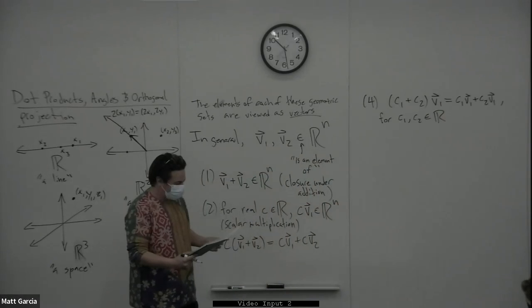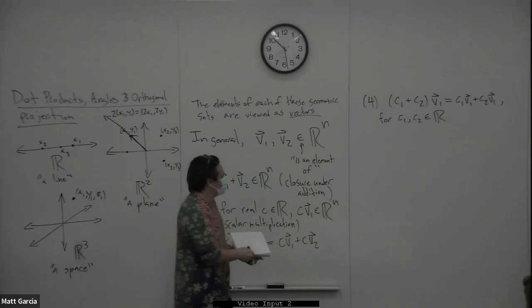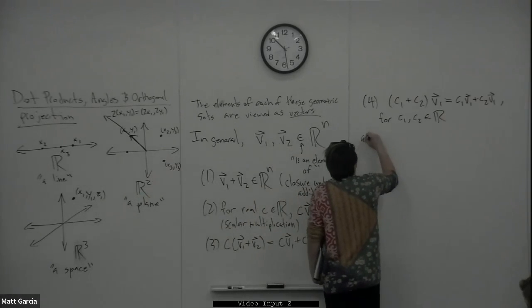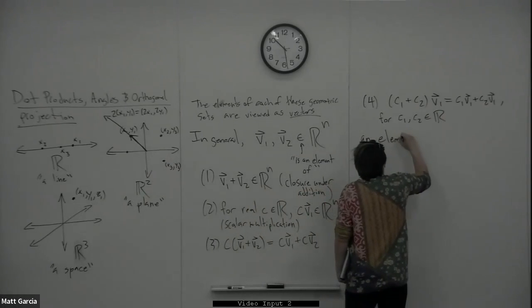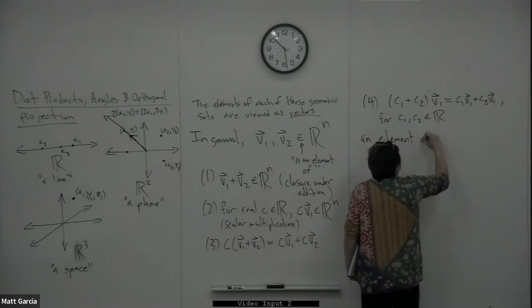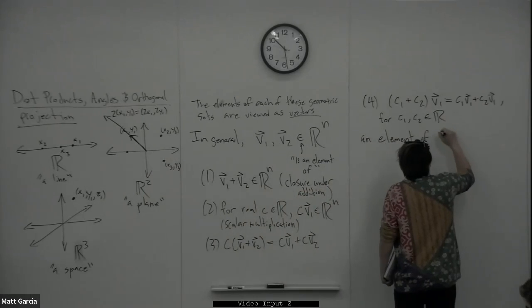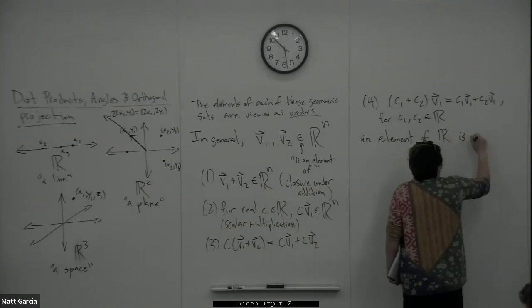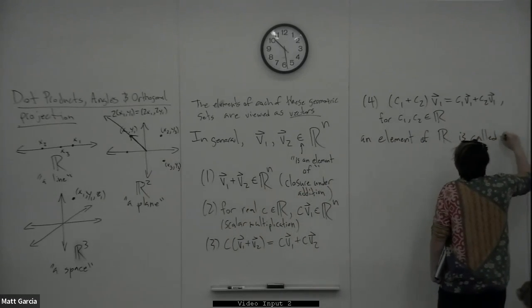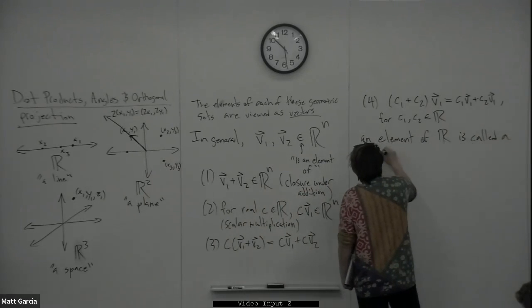Okay. Right. Write that down. An element of real numbers is called a scalar.